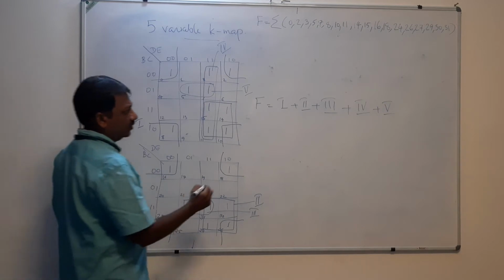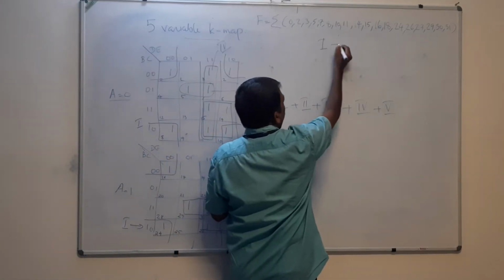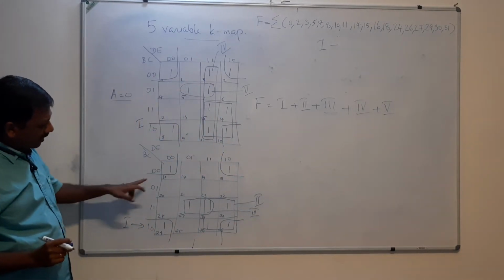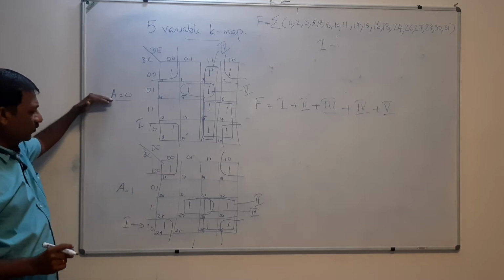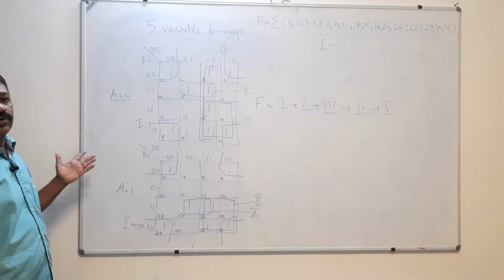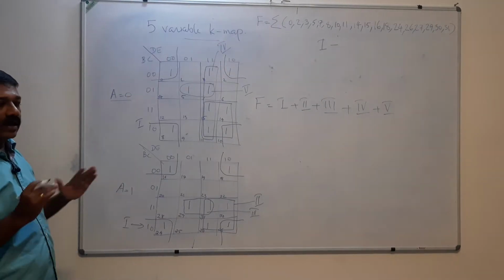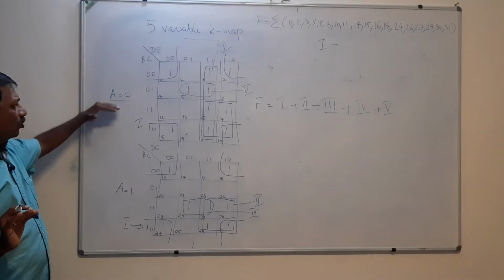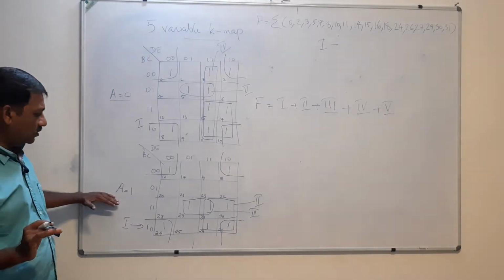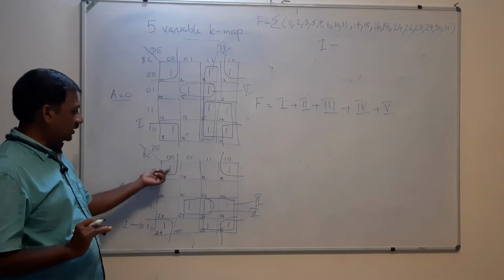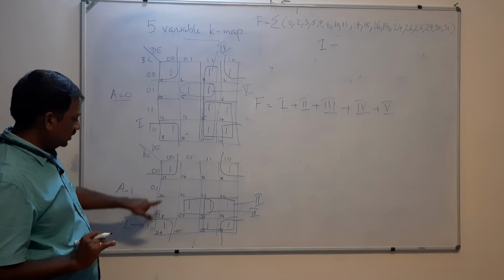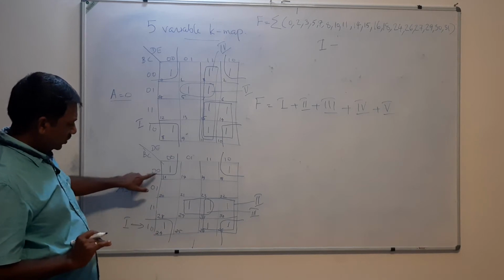What is 1? I am going to make 1. In both of these cases the same pattern exists. Here A equal to 1, A equal to 0, and here it is A equal to 1. That means here A and here it is A bar. A plus A bar is equal to 1, so no more A is there in that product. Now see which is the pattern here. If you combine these four ones, the difference between this and this is 0, 0 and 1, 0.